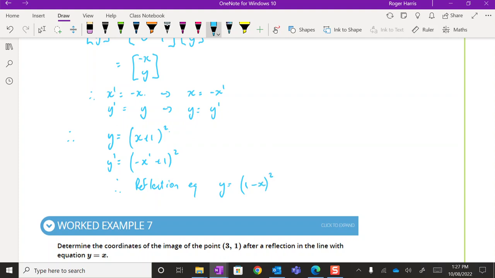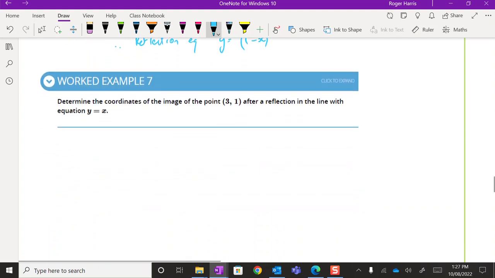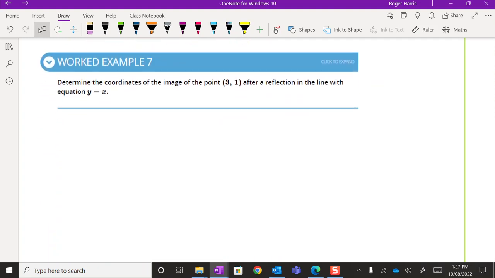Okay, let's keep scrolling through. Determine the coordinates of the point after reflection in the line y equals x. Again, we're just going to have our x dash, y dash. We need to know what it is being multiplied by. That was the swap around. Again, I'll just read that straight off the table, x, y.